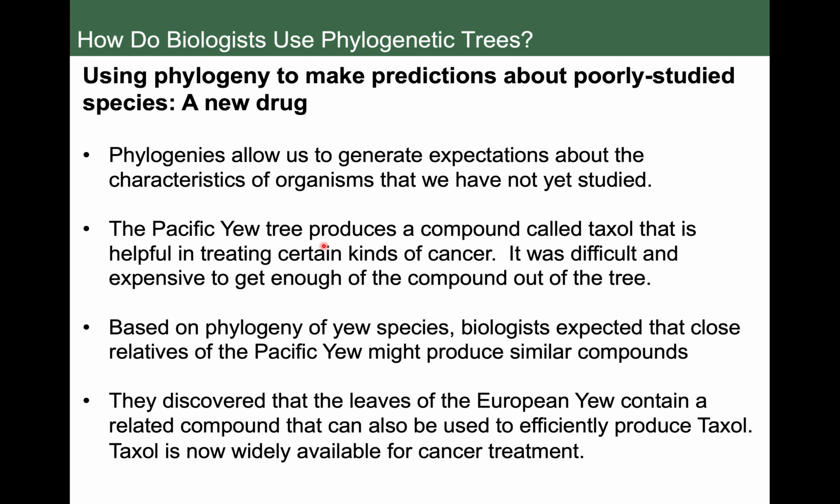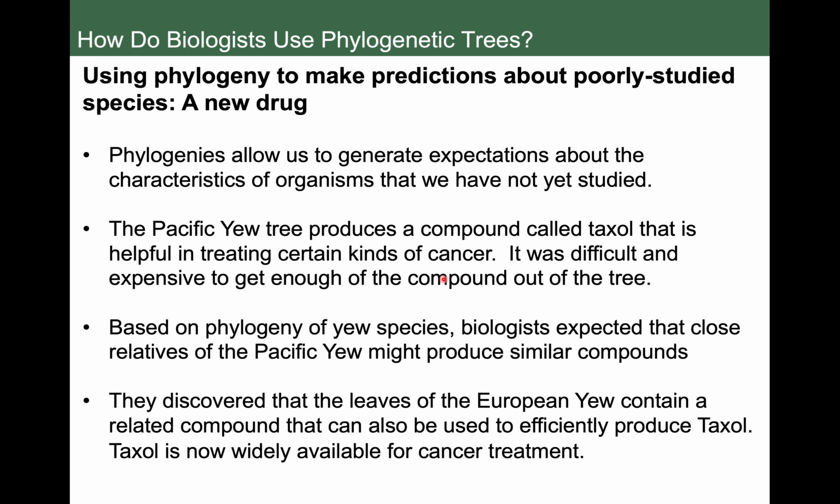So, what researchers did was turn to phylogeny and looked at a phylogenetic tree to see, well, what are the other closely related species? And maybe we can identify something closely related to the Pacific yew that might allow us to find either some similar compounds or some precursor compounds that we might be able to use to synthesize Taxol more cheaply.